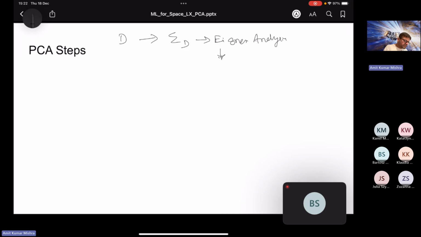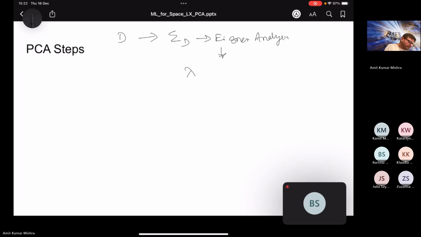Eigenanalysis will give you your lambdas, which are usually used to represent the eigenvalues. Since it is m cross m, you will have m eigenvalues and m eigenvectors. So you will have lambda 1, lambda 2, up to lambda m.